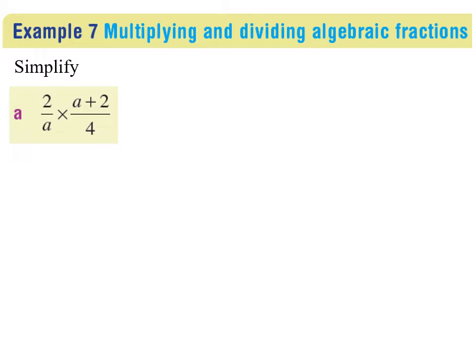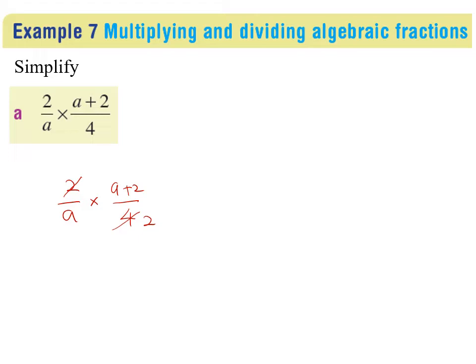Next one, let's write down the question: 2 divided by a times a plus 2 divided by 4. All right, is there any common factor? Well, I see here that I can cancel this 2 with that 4 because 2 can go into 4 2 times.